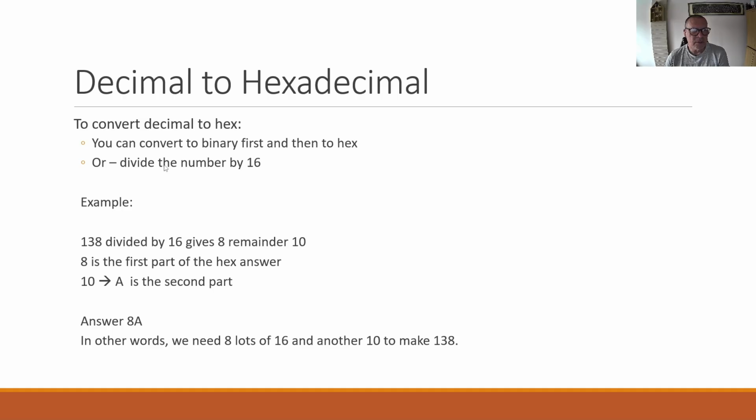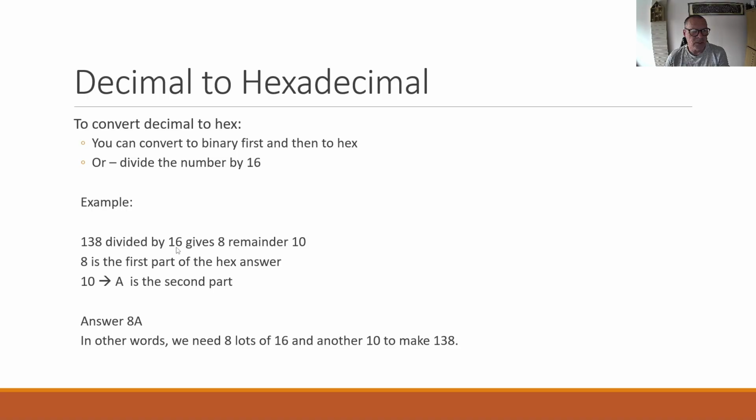The alternative is to divide by 16, and sometimes you might have to guess a little bit first of all to work out how many times 16 goes into your number. In this case, we've got 138 in denary. We want to find out how many times 16 goes into that number as a whole, and then find out the remainder as well.